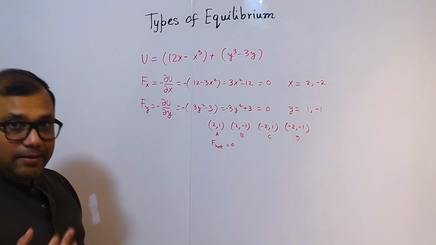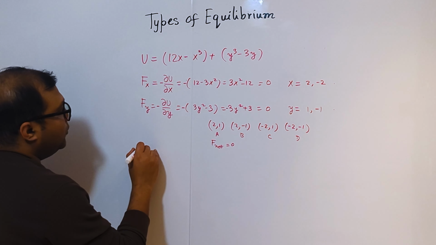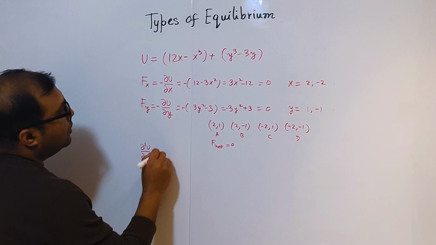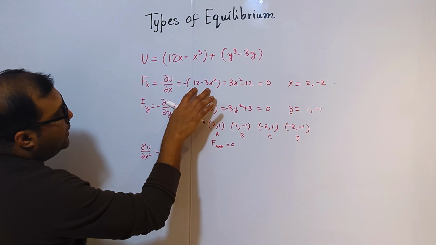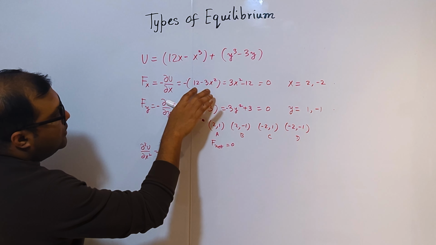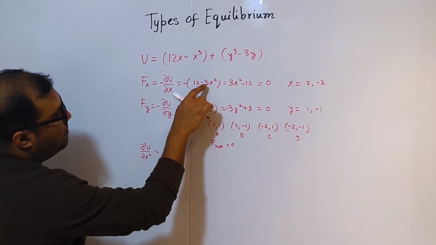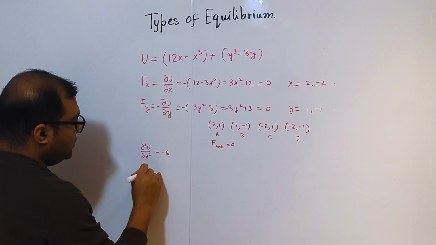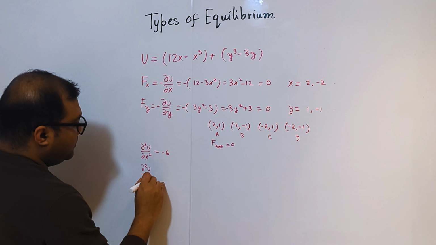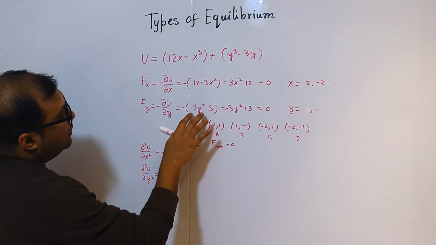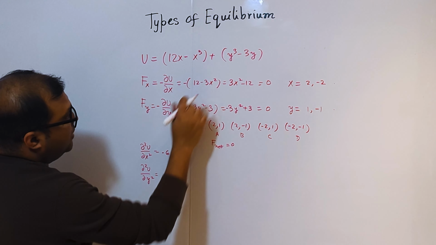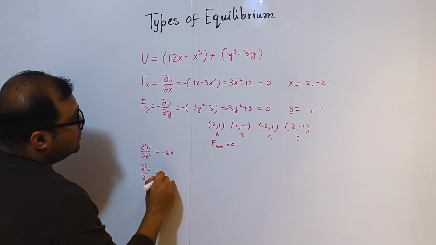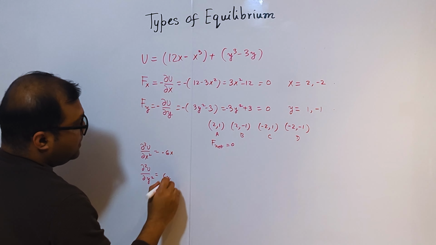Now, to find the type of equilibrium, what we'll do is del square u/del x square. So this is del u/del x, so del square u/del x square is minus 6x, and del square u/del y square is, sorry, this is minus 6x, and this is 6y.